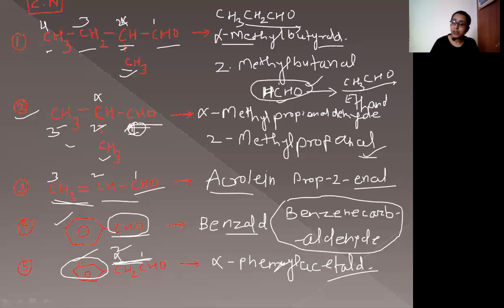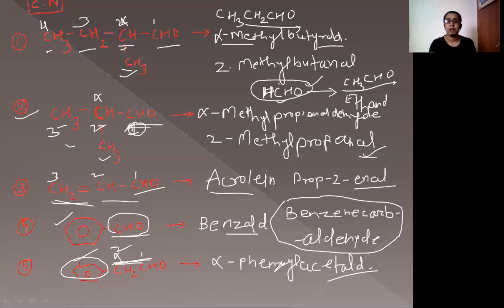Then you have the 5 carbon containing acid, that is valeric acid. The common name of the aldehyde is valeraldehyde, and in IUPAC it is pentanal. So in that way there are simple aldehydes which you can see and learn, and try to draw the structures on your own.